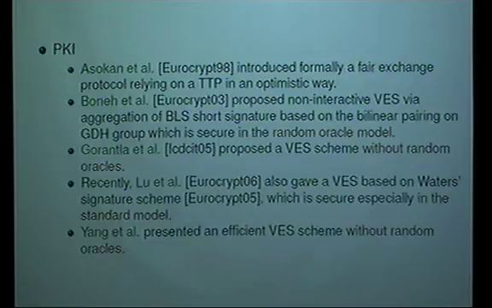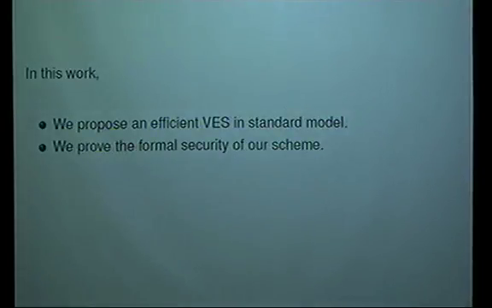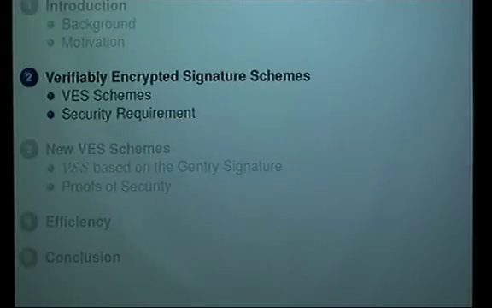In this slide are many references related to works, and in this work we propose an efficient VES in the standard model, and we prove the formal security of our scheme.